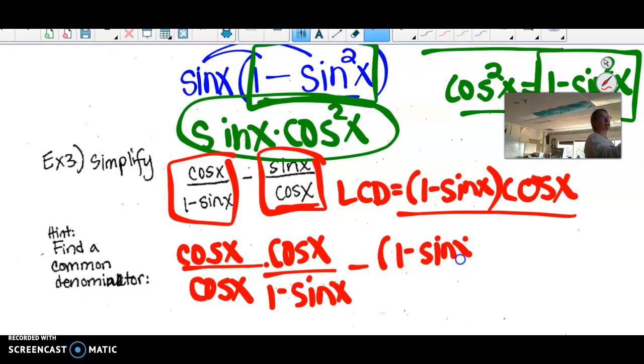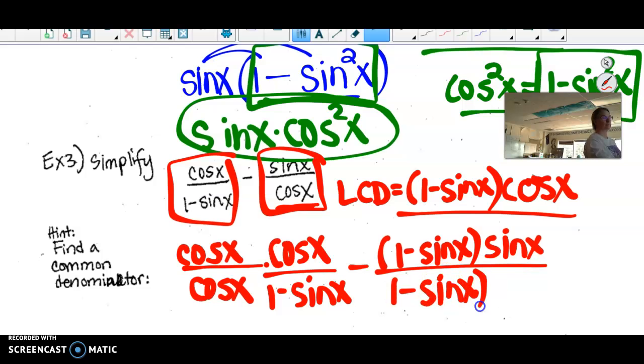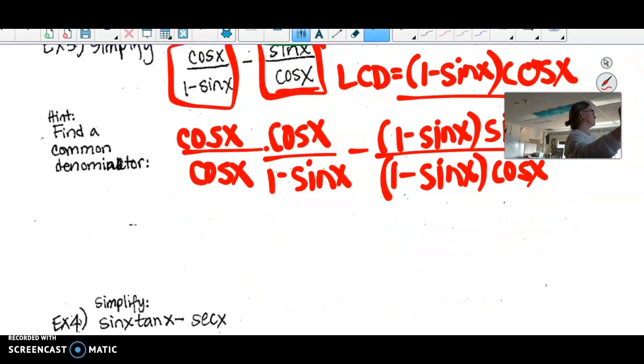So I'm going to multiply that on the top and on the bottom. Make sure you put it in parentheses. And now I have a least common denominator. And so what I'm going to do is, oops, I forgot the parentheses there after I just said that. Okay, so I'm going to simplify this.